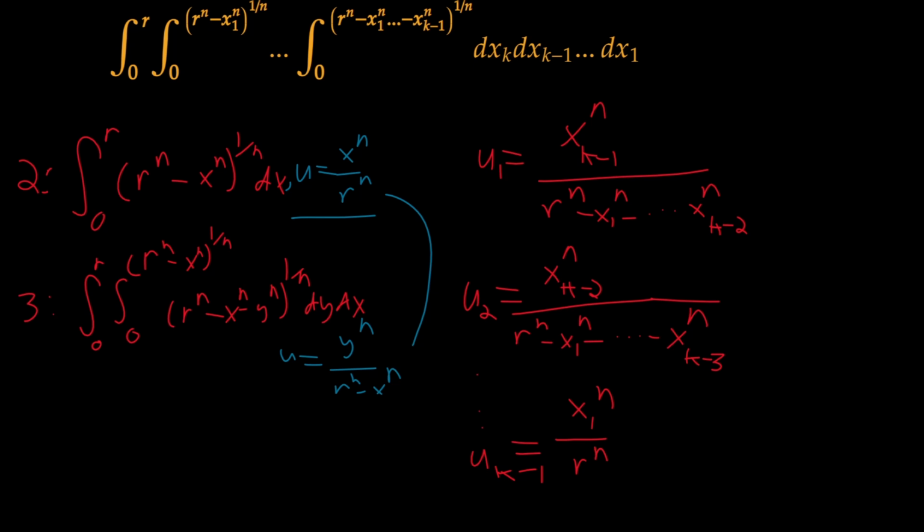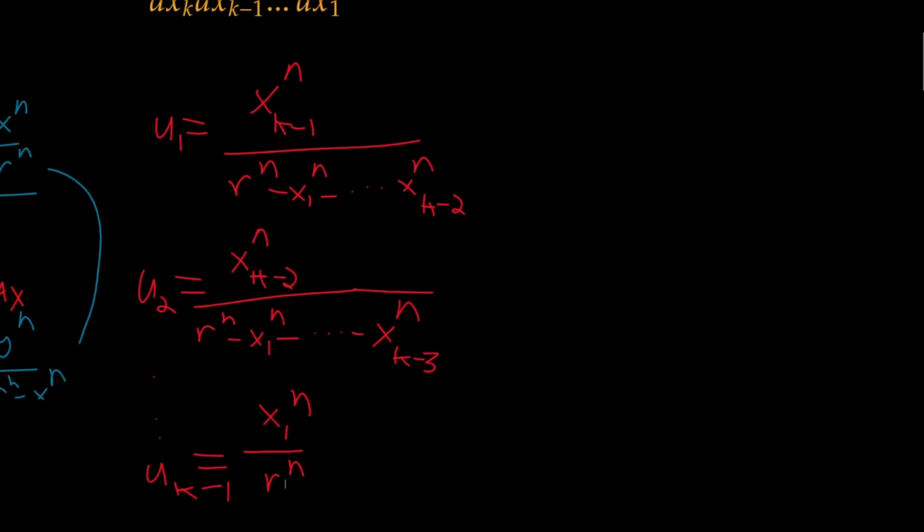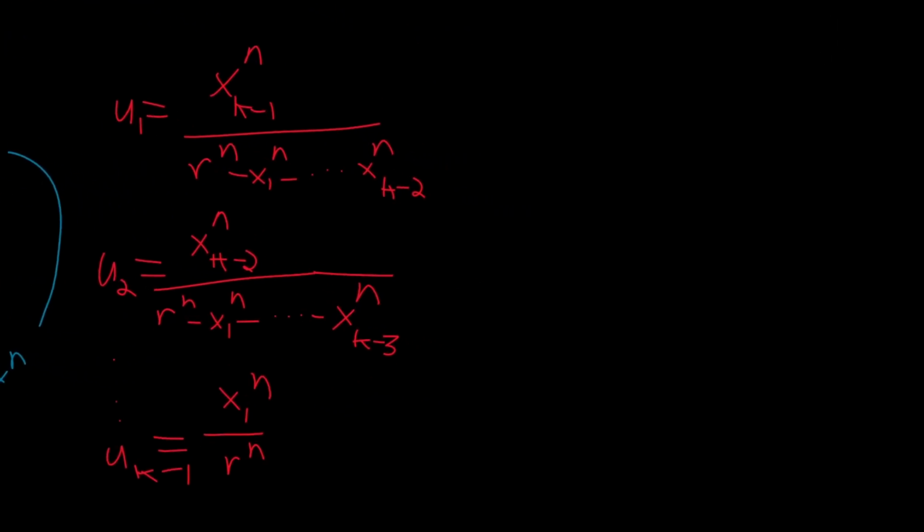So with this trend in mind, we can notice quite a couple things about the transformation. The first thing I'm going to point out is the relationship of, say, u1 to u2 and so on. So let's take a look at what we have.